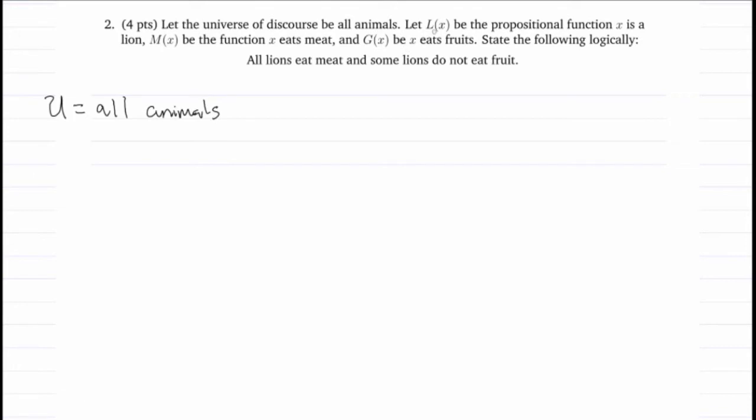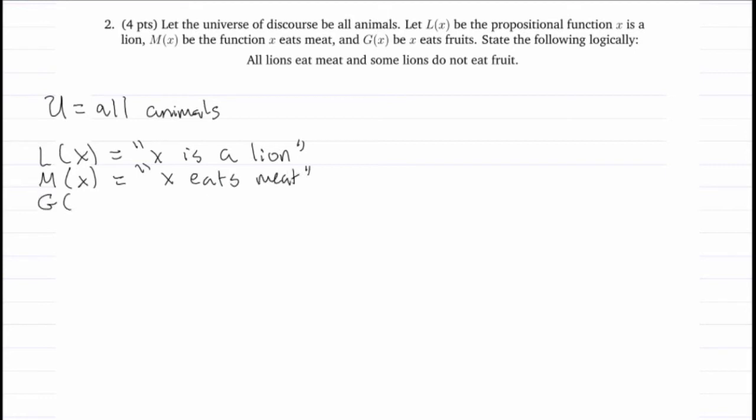Let L of x be x is a lion, M of x be x eats meat, and G of x be x eats fruits. Now it's saying to state this statement logically.